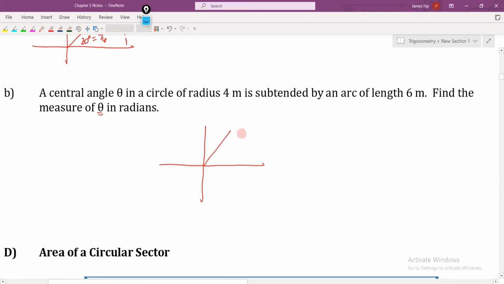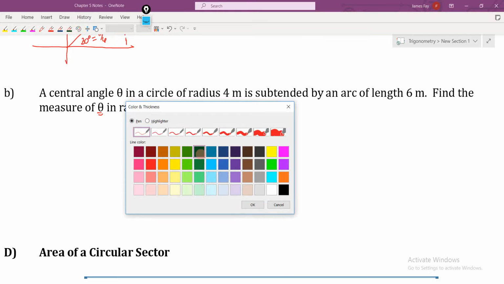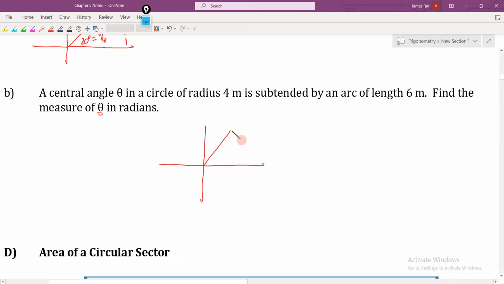I'm just drawing a picture to help me realize what I have and what I need. This is my subtended arc, and it has a length of 6 meters. My radius is 4 meters, and I'm trying to figure out what theta is in radians.